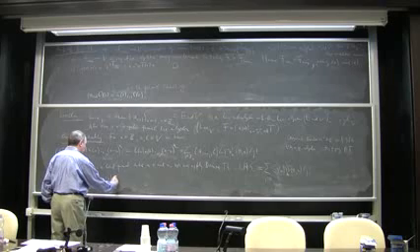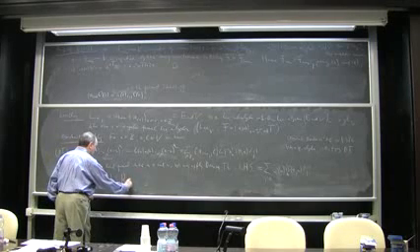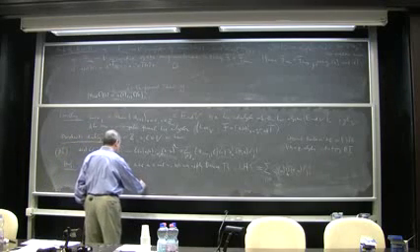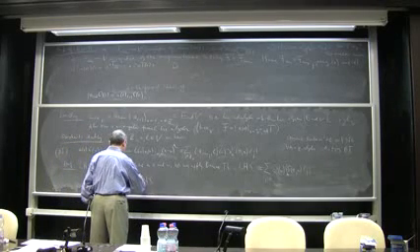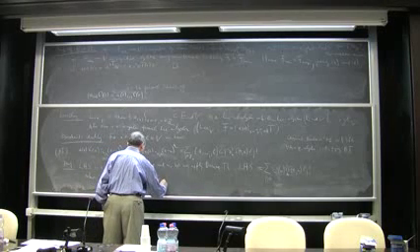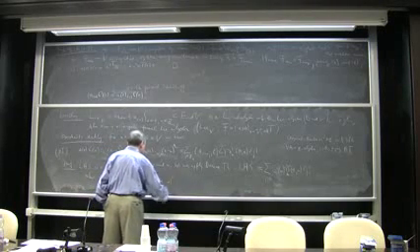Cj of W is equal to the residue in Z of the left-hand side times Z minus W to the j.